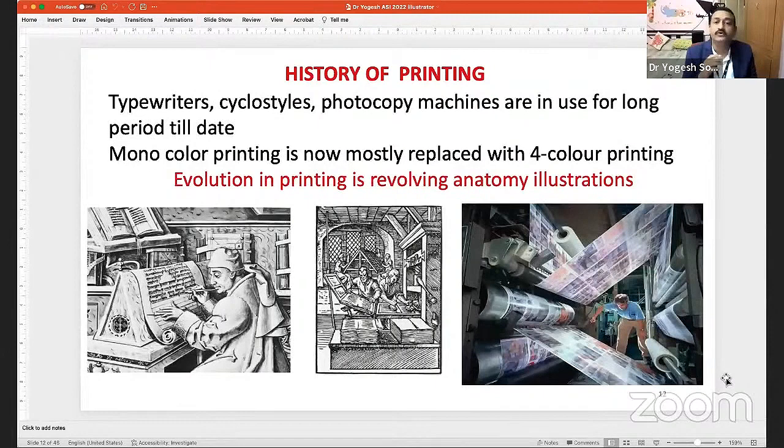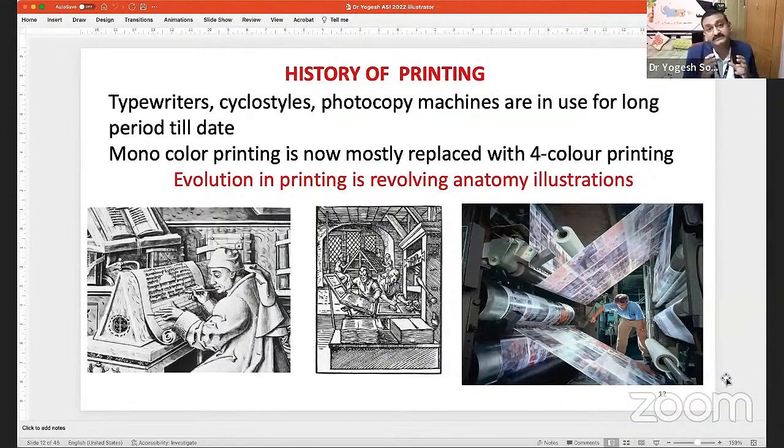We all know that since our childhood we have seen typewriters, cyclostyles, photocopy machines; still they are in use. Initially there was only monocolor printing, and later it was replaced by 4-color printing, and now 6-color printing, and 8 and 16 color printing are also available. The evolution in printing is changing anatomy illustrations.